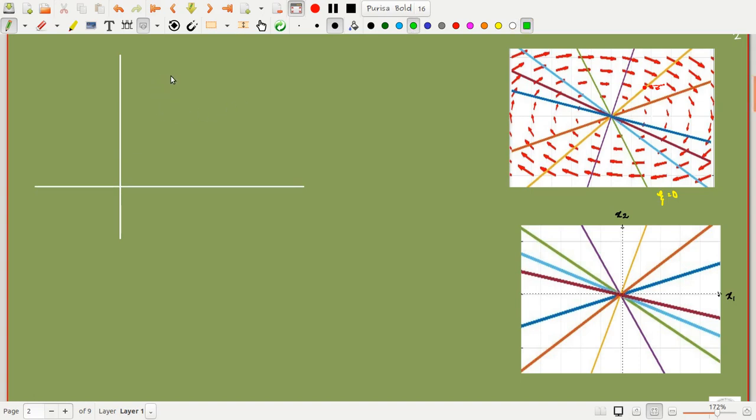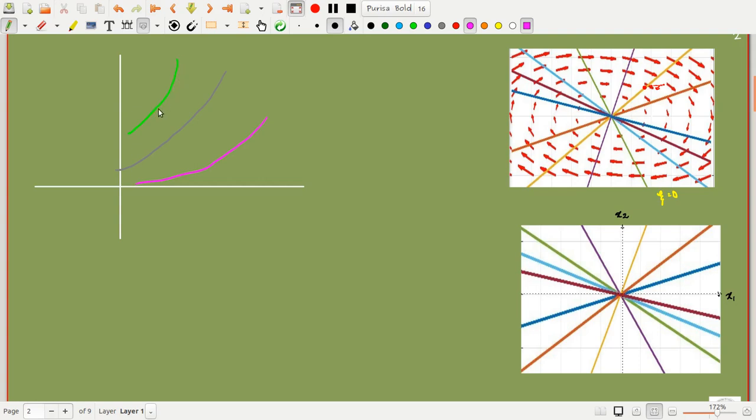I'm going to take a general case which is not a linear curve, so I am going to draw general curves here. This is one isocline, this is another isocline, this is another isocline here. I have drawn three isoclines, which are the points with the same slope.